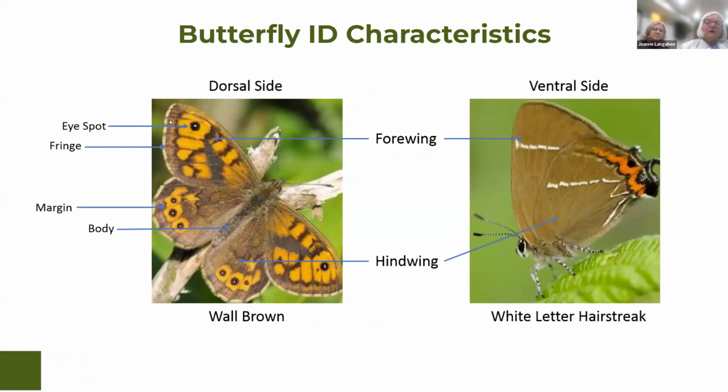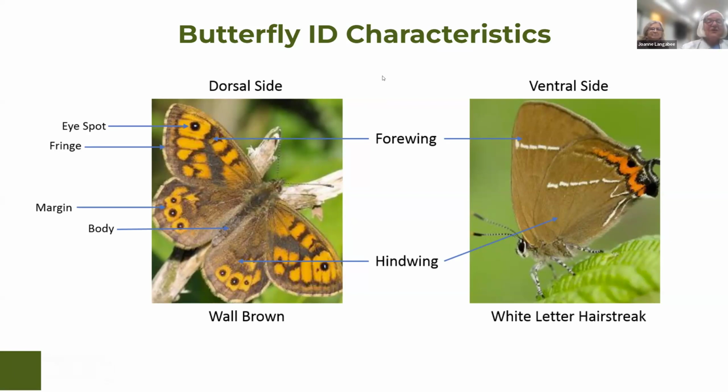Then we have fringes along the edge of the wing, and the margins, where there'll sometimes be little lines, the body, the hind wing. Sometimes we talk about characteristics in the hind wings, and other times we'll look at characteristics in the forewings. And then the dorsal and the ventral side become important, because they can be different.